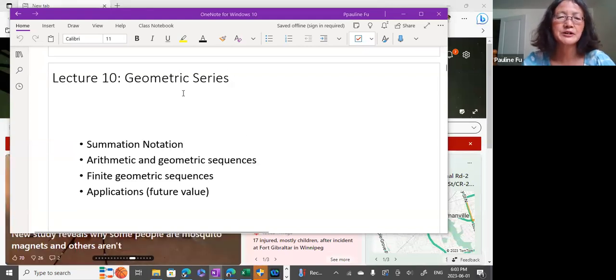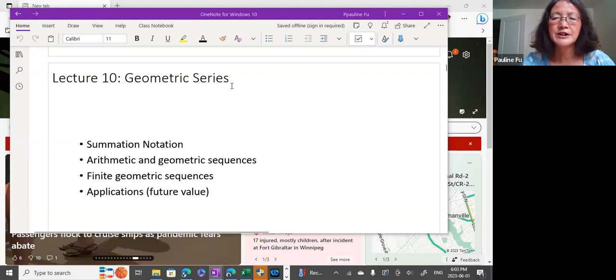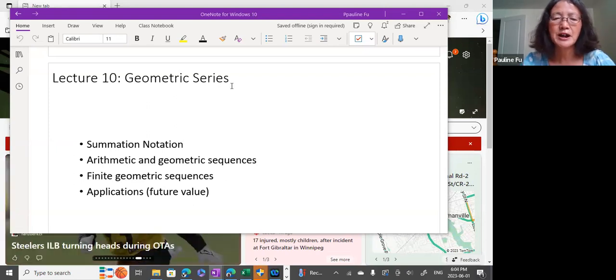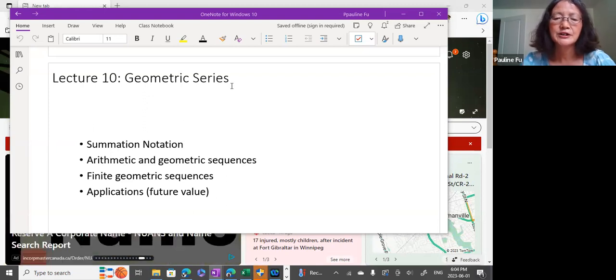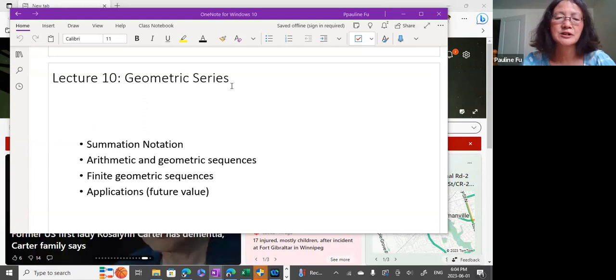So today we are going to do geometric series. After today, our next lecture is lecture 11. In lecture 11, I will combine lecture 11 with lecture 12. Lecture 11 is all about simple interest and compound interest.